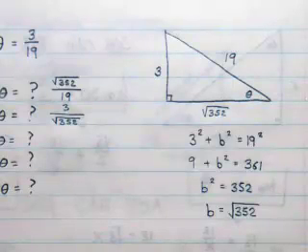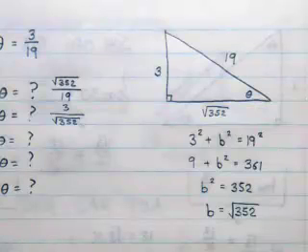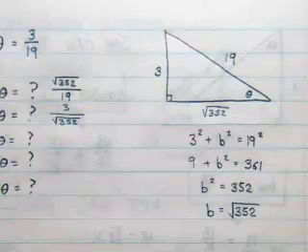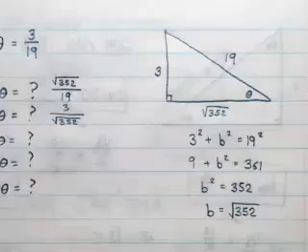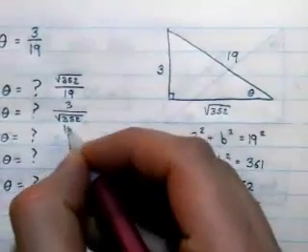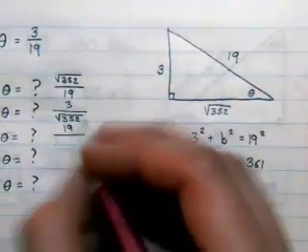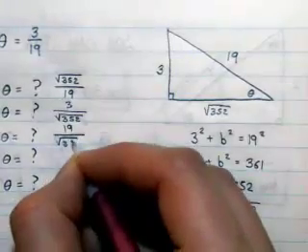I know, the letters don't match. I get it. It's confusing, but it's the truth. So secant is the reciprocal of cosine. Just remember that the letters flip-flop. So this would be 19 over the square root of 352.